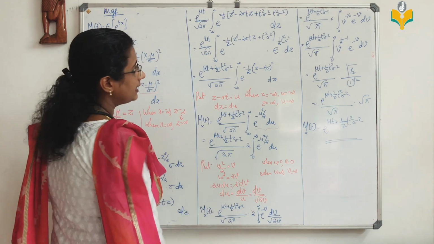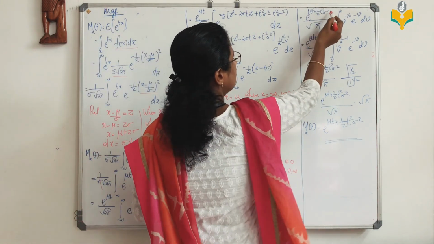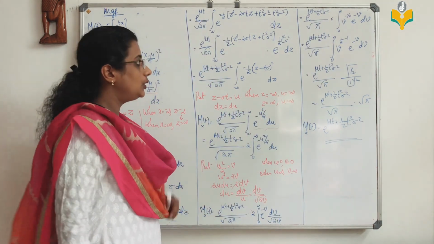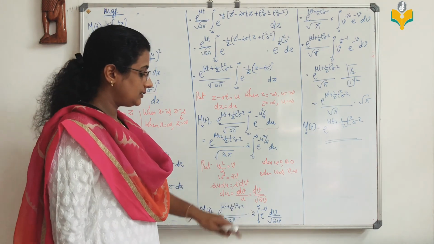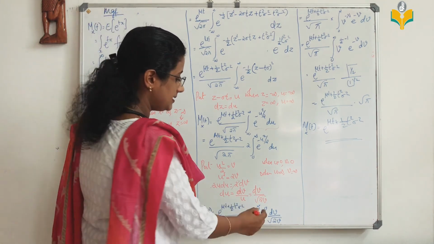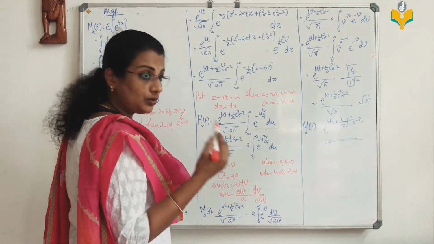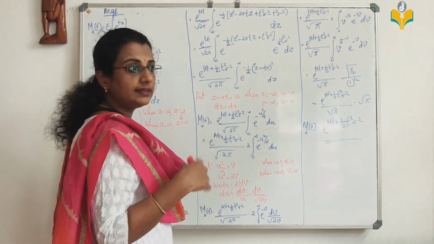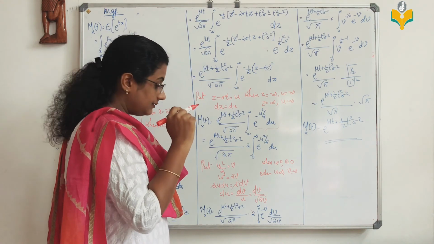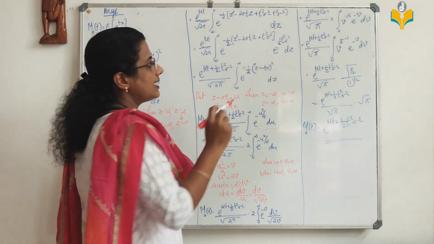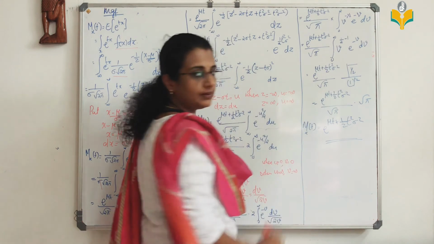Okay, and the remaining term will be e raised to mu t plus half t square sigma square divided by root pi into integral 0 to infinity e raised to minus v into dv divided by root v. Root v equal to v raised to 1 by 2. That will go to the numerator, then it will become v raised to minus half dv.